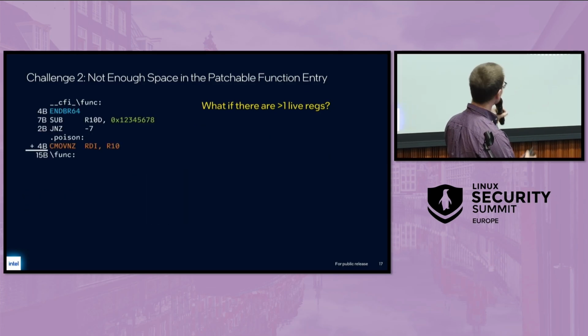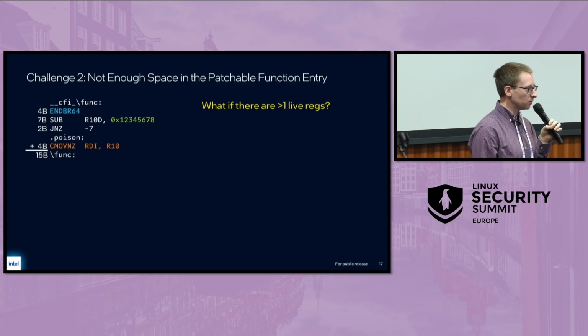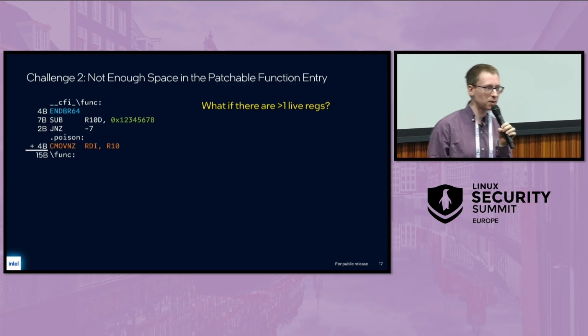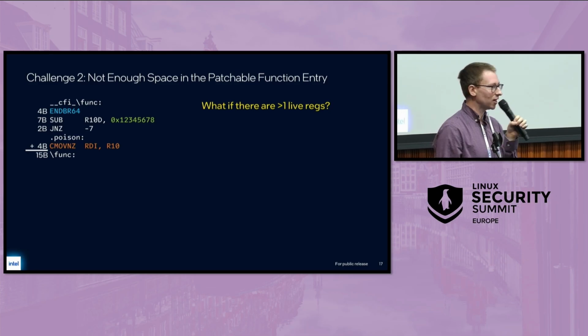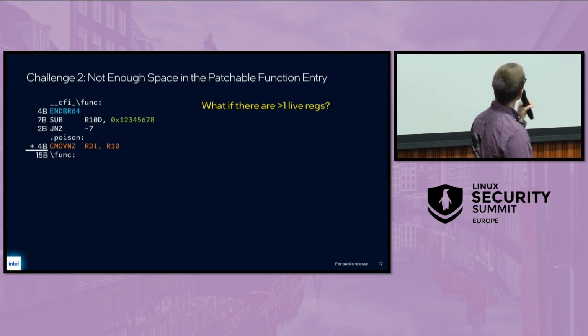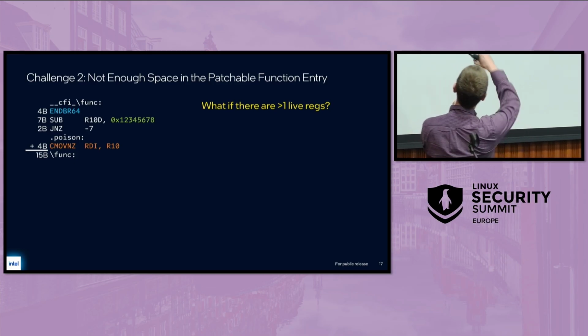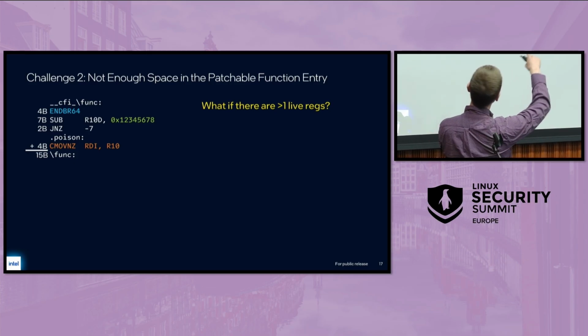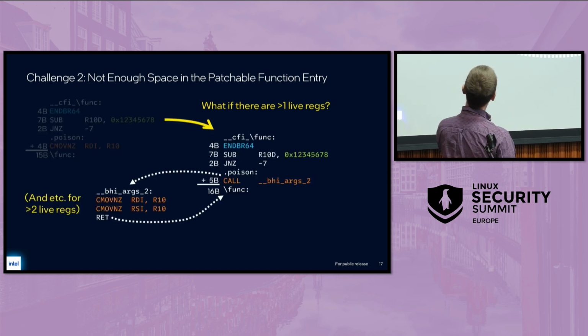Oh yeah, so then the next question is, what if there is more than one live register? Well, then we need at least 2 CMOVs, maybe 3, maybe 4, maybe more, and we certainly can't perform enough instruction trickery to fit more CMOVs into 16 bytes. But you'll notice that with this new sequence, at least we're not even at 16 bytes, we're at 15 bytes.